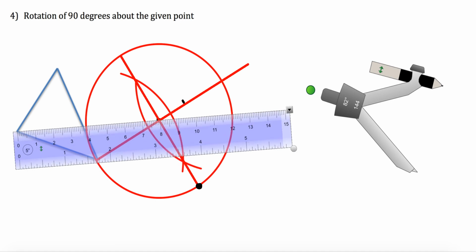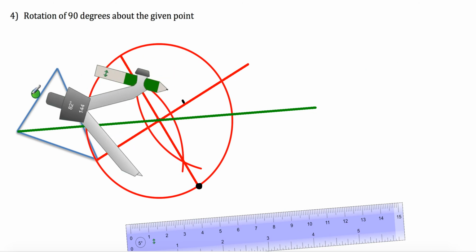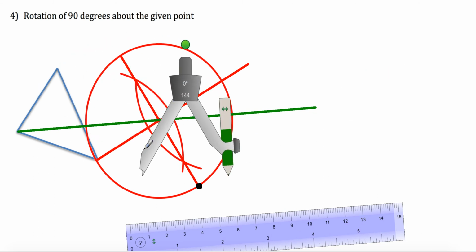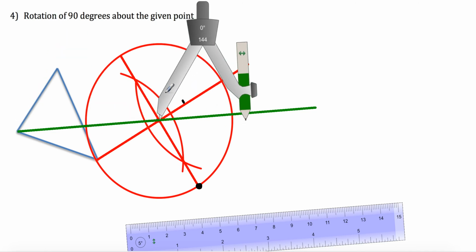And drawing, let me go for green. Same deal. Well, I can just go from here first, I guess.